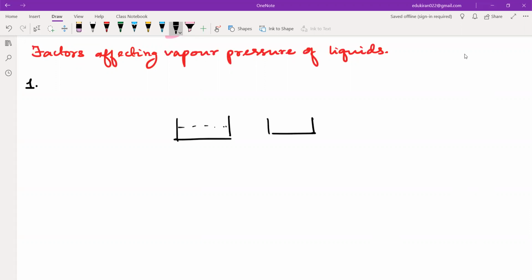and here I'm having water. So tell me which will evaporate easily, sanitizer or water? Sanitizer. All of you, right? Correct?